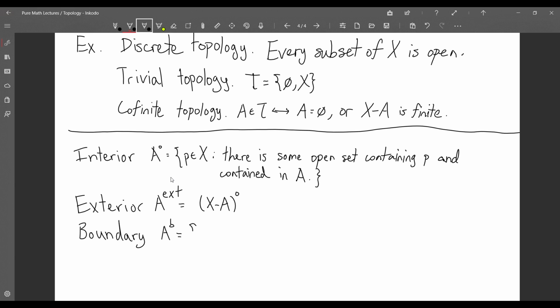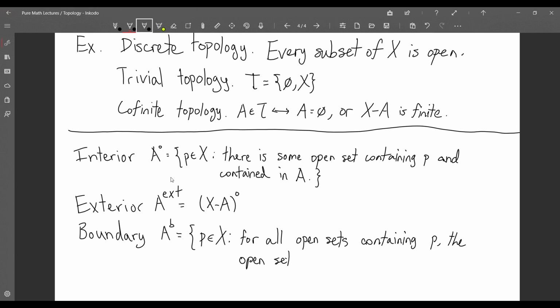And this is going to consist of points P in X, such that for all open sets containing P, the open set contains a point in A and a point in X minus A.